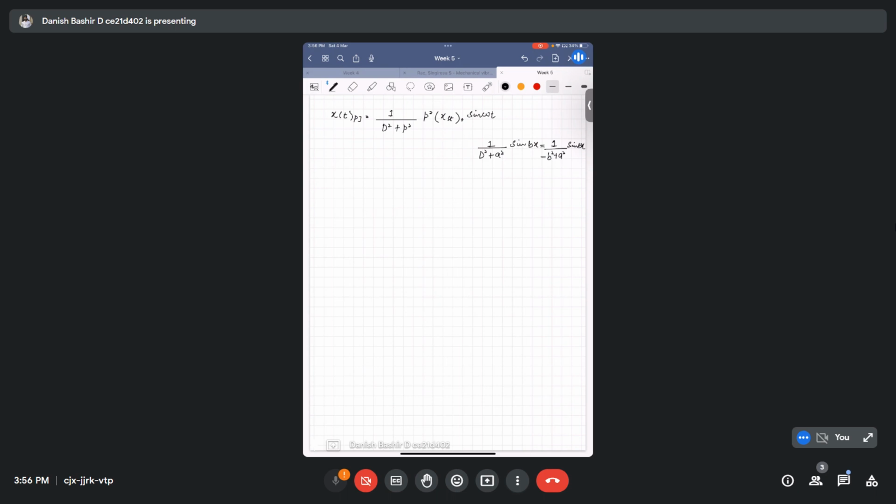So whatever is the coefficient of x here, we replace d square by minus of that square. It's very simple.